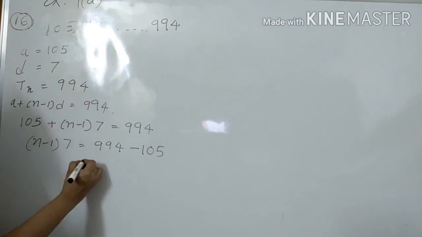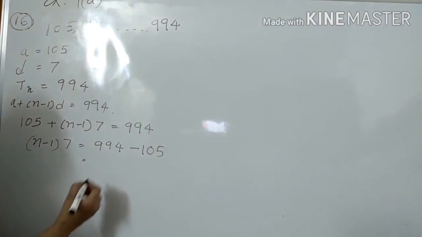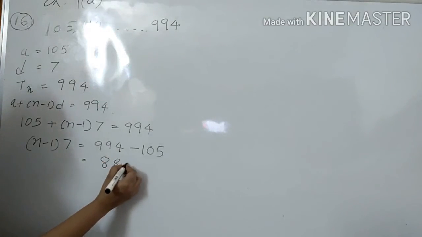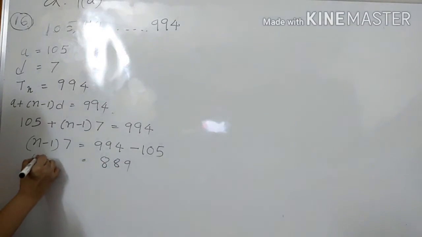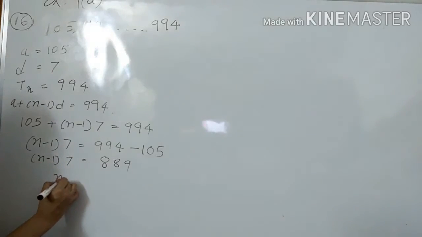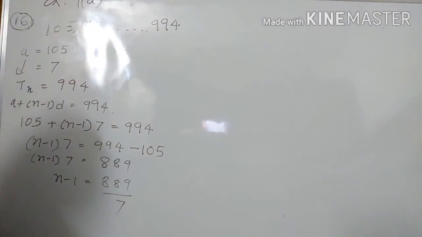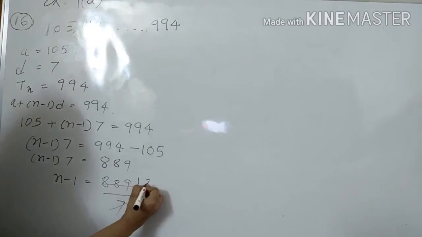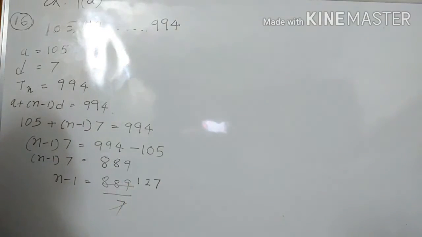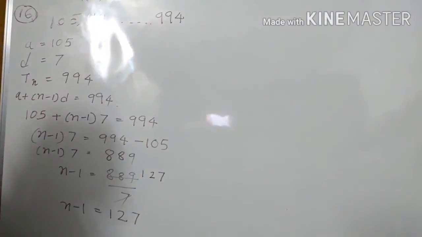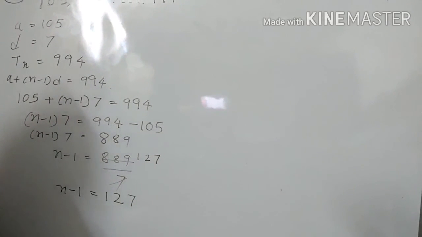By subtracting we get 889. And then in the next step we will divide it by 7, because this 7 on the left hand side comes into the division. So we find by division 127. So n minus 1 is equal to 127. This is what we found here.